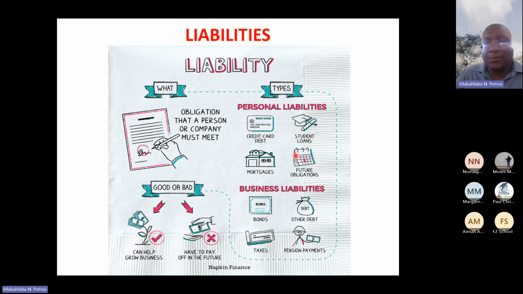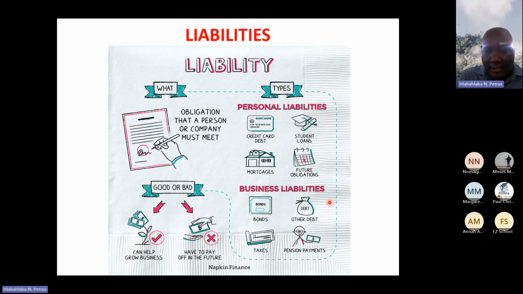A student loan, you have to pay it at a later stage. At home, your parents are having what we call a mortgage bond. Those are the future obligations that the person will have to meet in future.